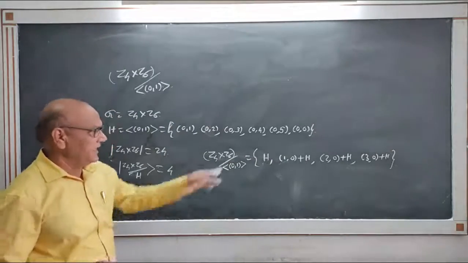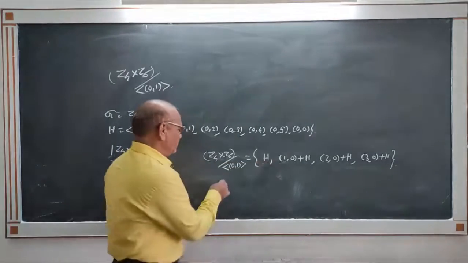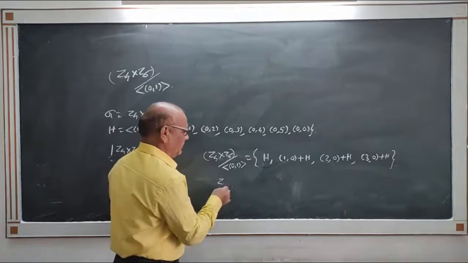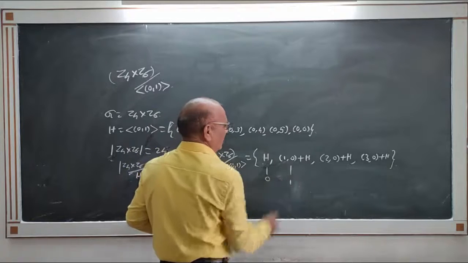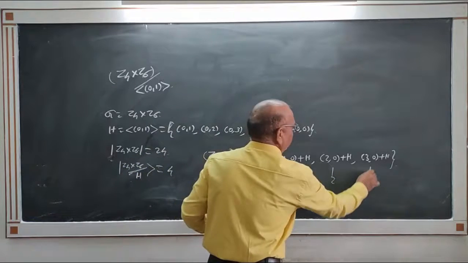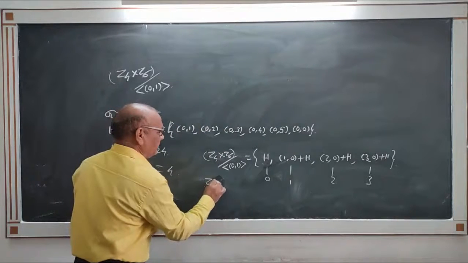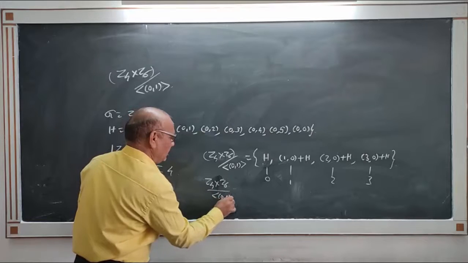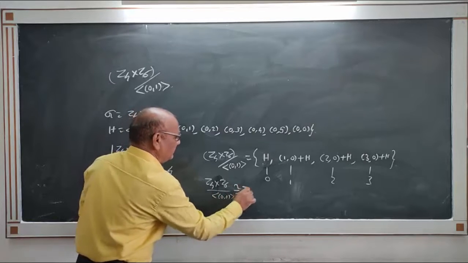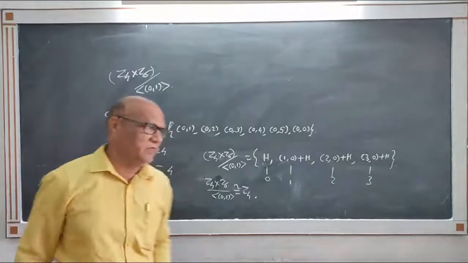It contains 4 elements. This group is isomorphic to the corresponding elements: here 0, here 1, here 2, here 3, and this group is isomorphic to Z4 cross Z6 upon (0, 1), isomorphic to Z4.